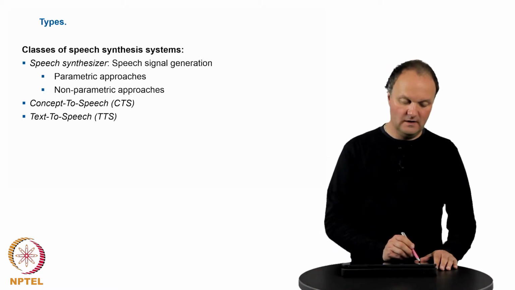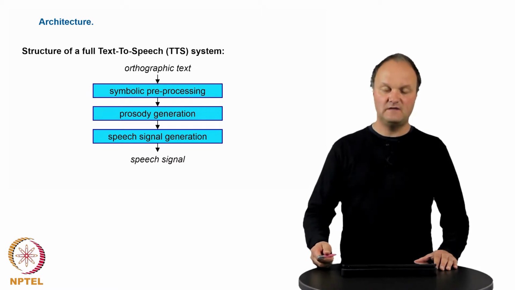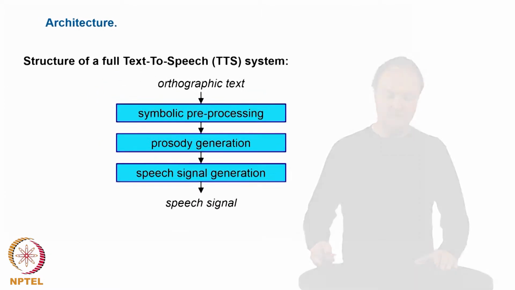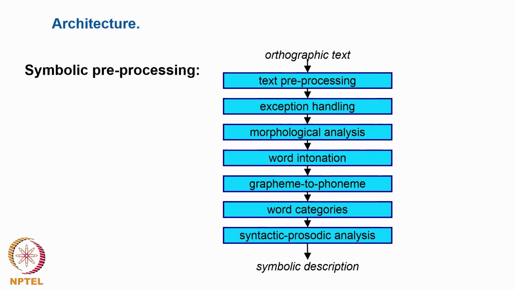In order to do synthesis from text, we have to deal with three separate problems. The first is called the symbolic pre-processing, the second the prosody generation, and the third the speech signal generation. Let's start with the symbolic pre-processing, and let's assume that we want to read, for example, the text of an email. This text usually contains a number of symbols which are not typical text.